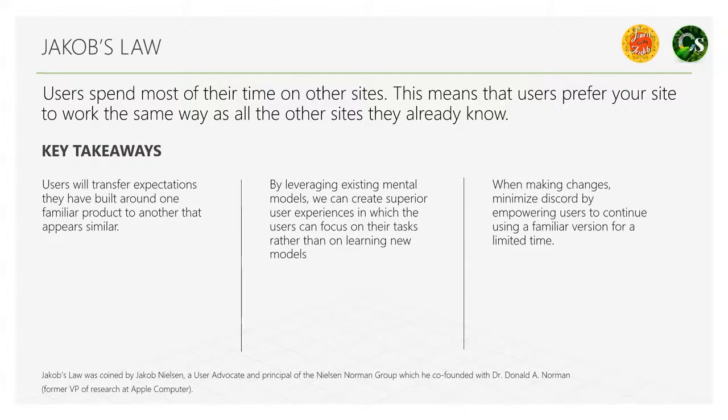They know where to find certain buttons, they know where to find certain navigation links, they know how to filter through the navigation links, and they also know how to select products or services from the website. While coming back to your site, they expect exactly the same experience.